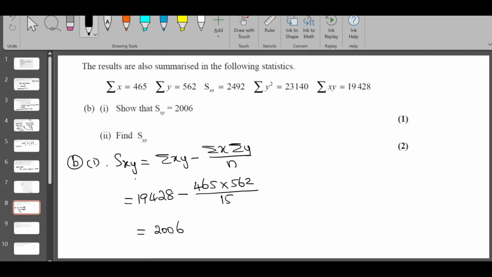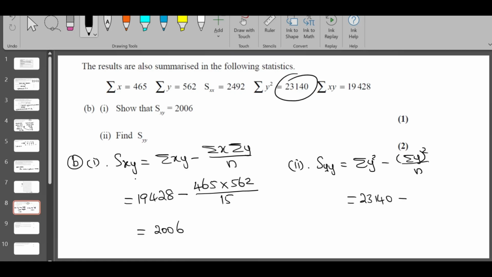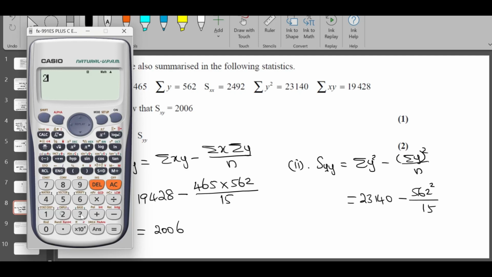They want us to prove it's 2006. Find SYY. The formula is sigma y squared minus sigma y whole squared over N. Sigma y squared is 23140 minus sigma y whole squared, 562 squared over 15.